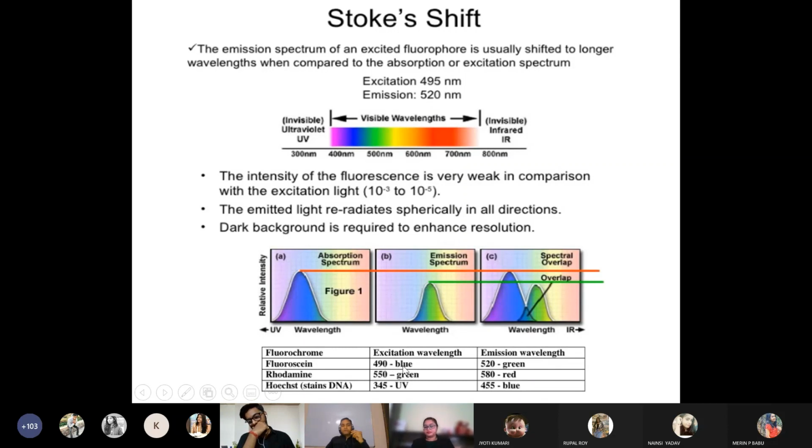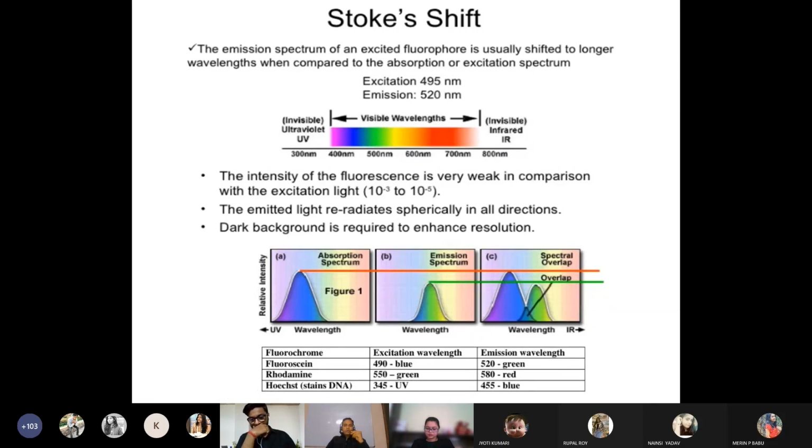The antibody is directed to a specific protein which is localized in the nucleus or in any of the organelles in the cell. This fluorescence is hit by a wavelength of 490, and the emission which is received is green light, which is 520. Sorry.